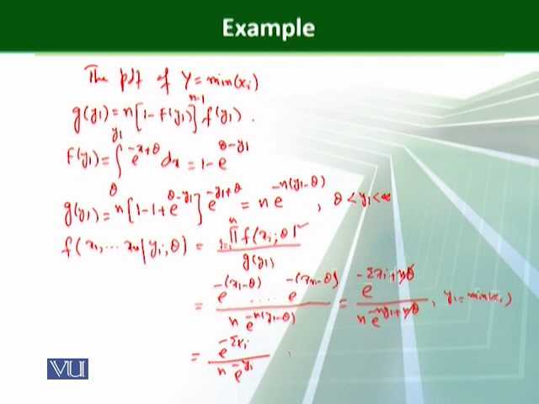You can see that in the resulting conditional distribution there is no theta, so it is independent of theta. So we can say that y1 is a sufficient statistic for theta, and that is what we wanted to prove.